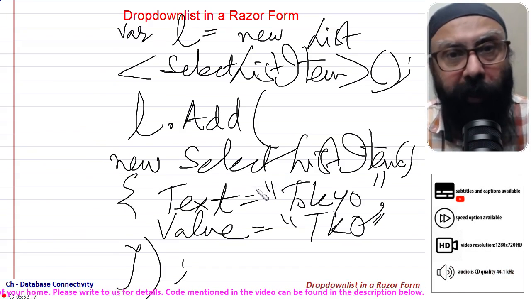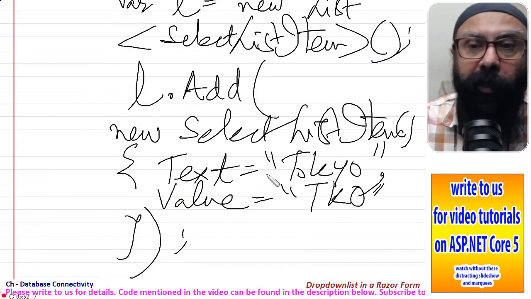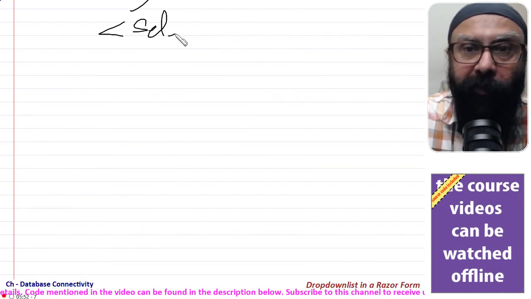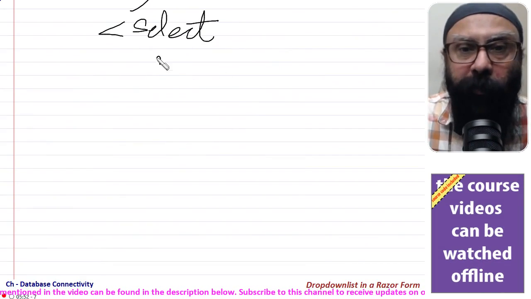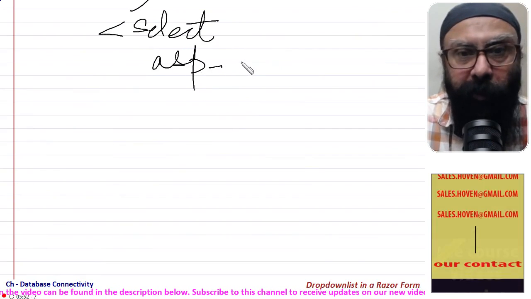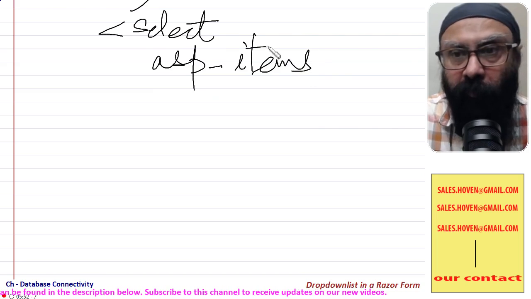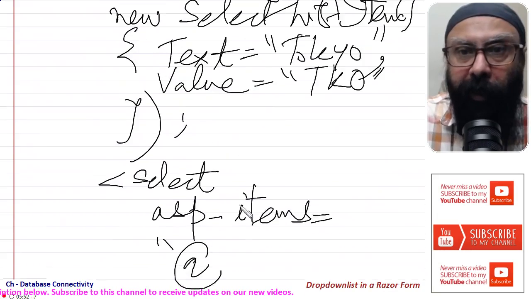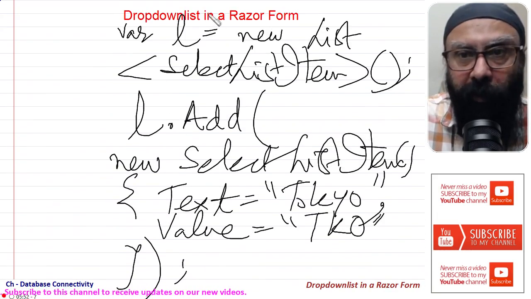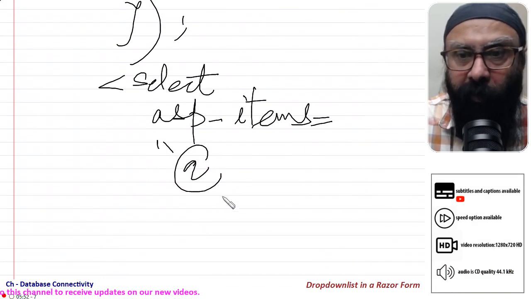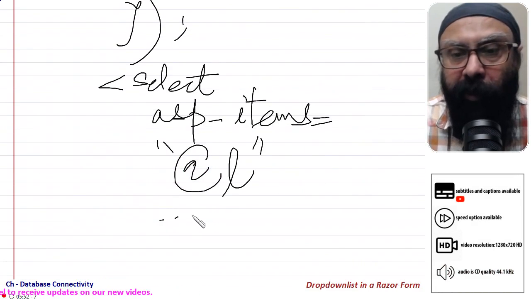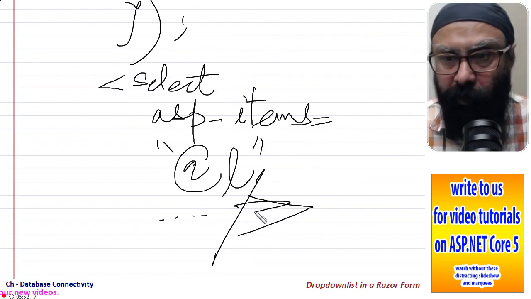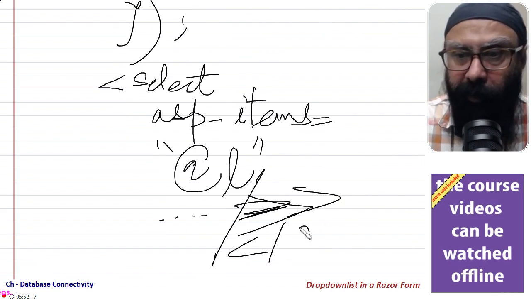Now how is this attached to a drop down list? In the Razor page, we can write a select tag like this. Select, and the property that you must set is asp-items equal to @ and, if this list is called L, @L, and then some other properties.